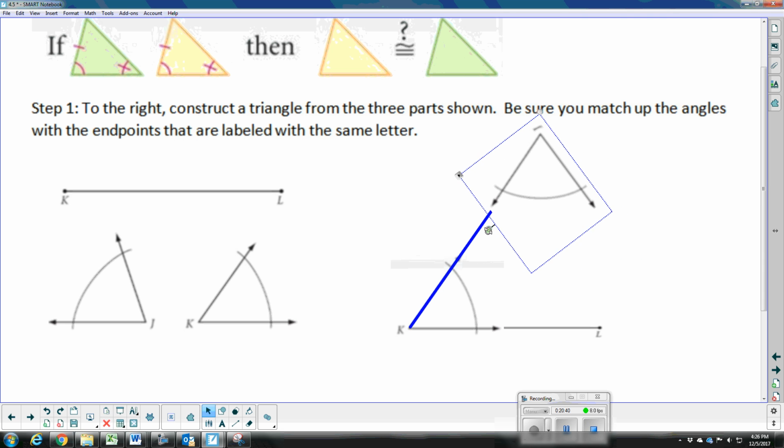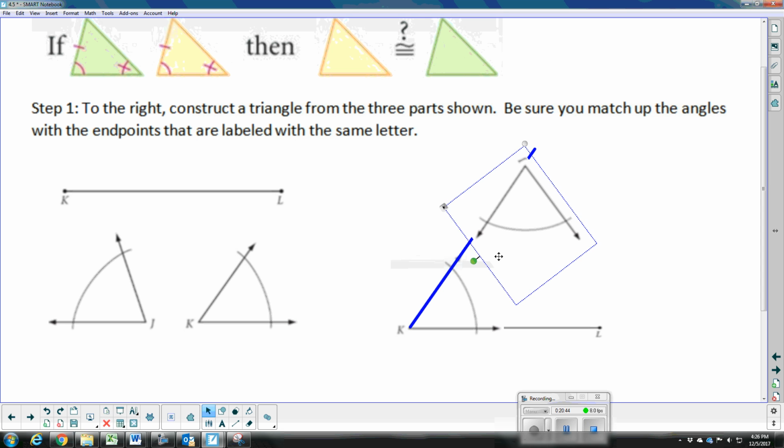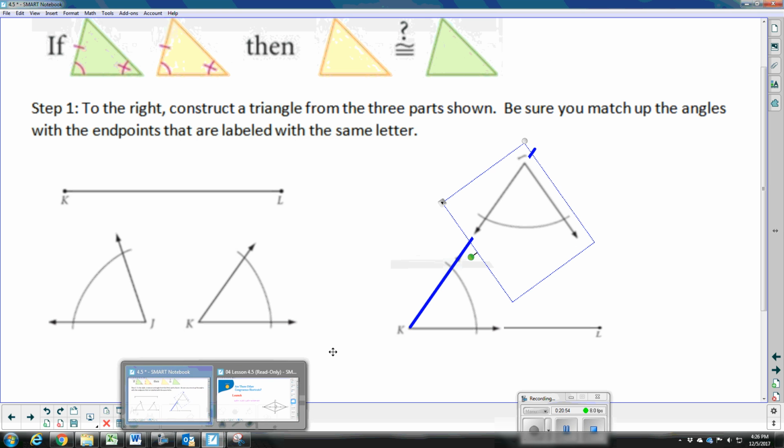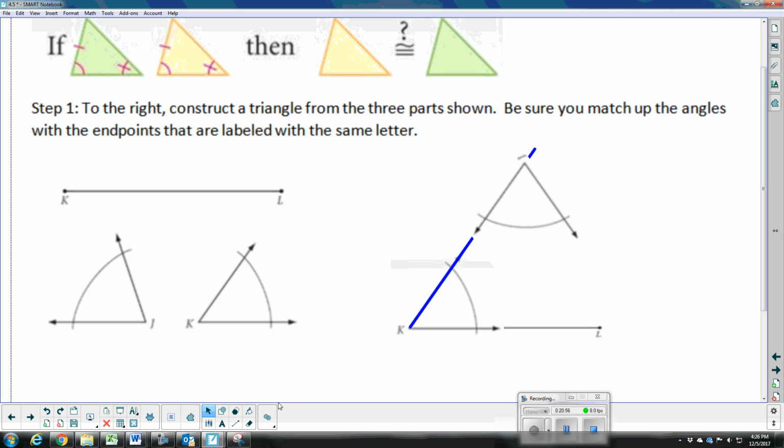All right, and we have to make this so that this angle goes through L. So I'm just going to build a new line so that you can see that it extends angle J.